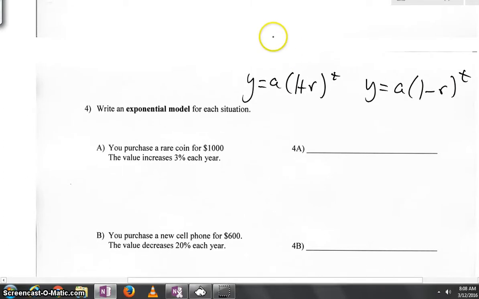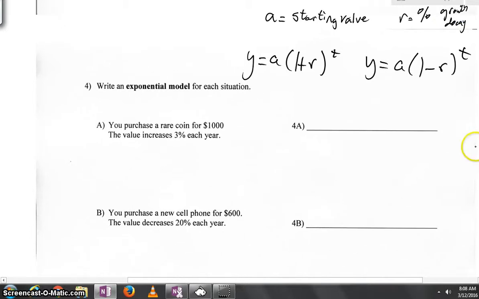It's important to remember that a is your starting value of whatever is growing or decaying, and r is your percent growth or decay. So obviously you've got to read through the problem and determine whether you are growing or decaying, if you're increasing or decreasing. Those are the big words.